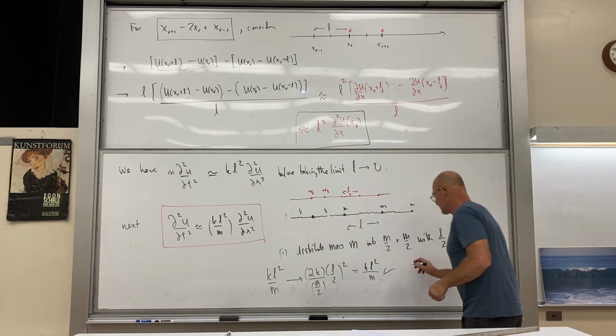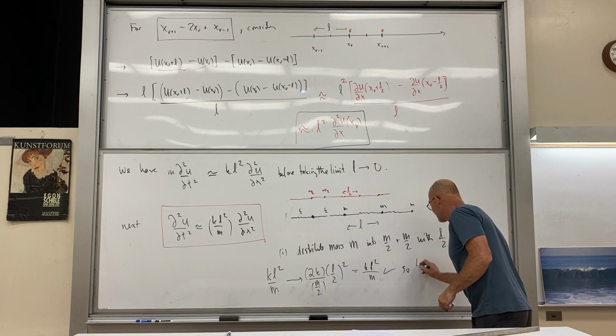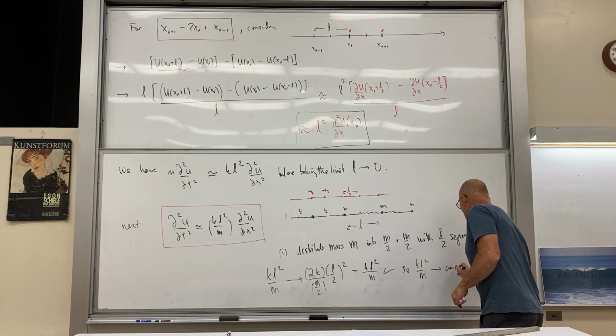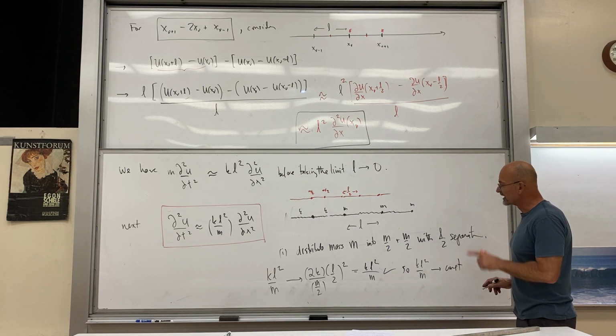So KL squared over M is just constant in the continuum limit.